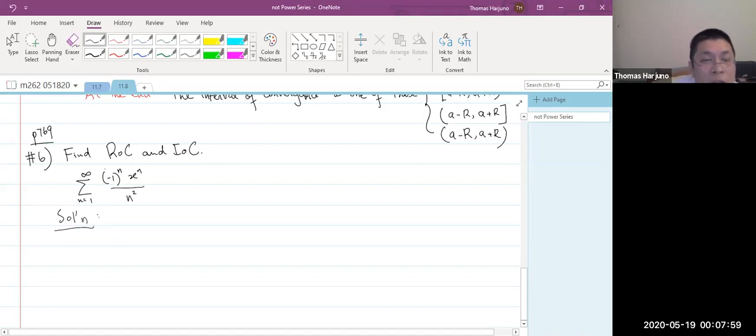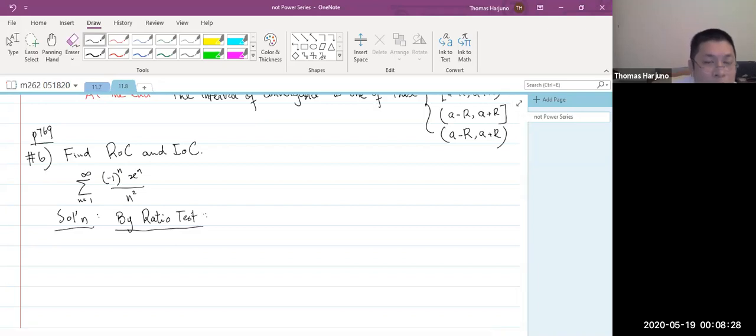We don't know if this series is convergent or divergent, but I will put it under the ratio test, to see what kind of x will make the ratio less than 1, because for the ratio test the series will be convergent if the ratio is less than 1.